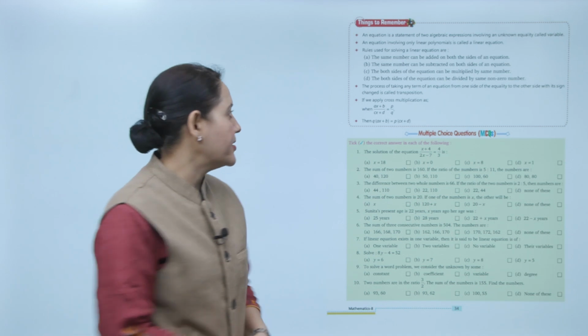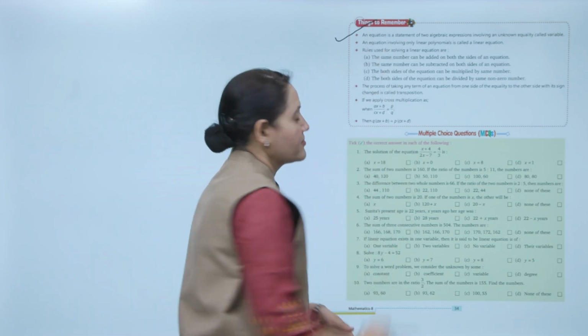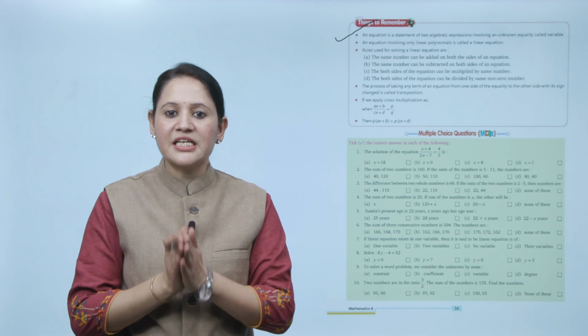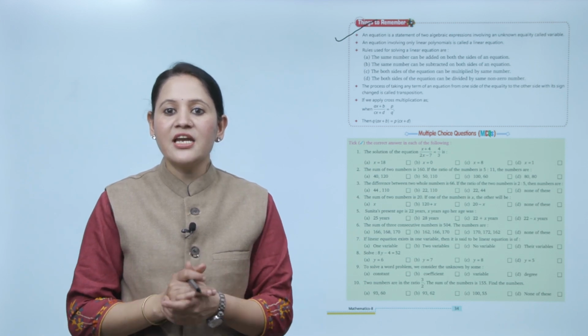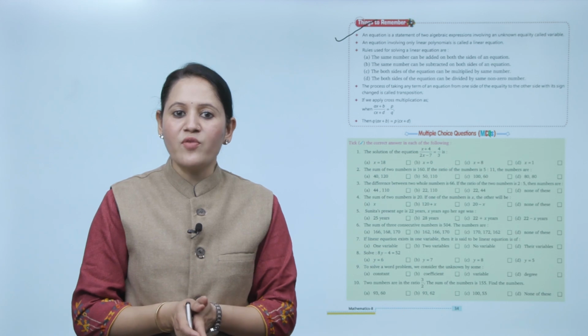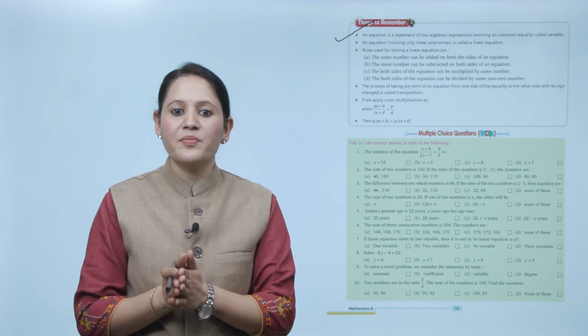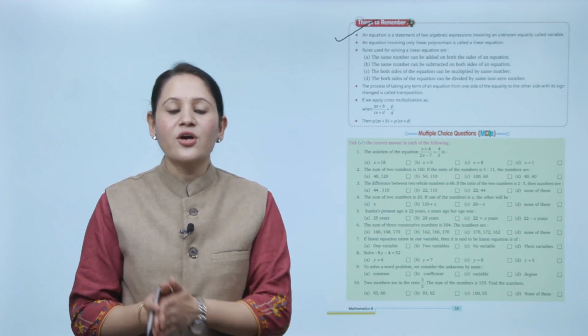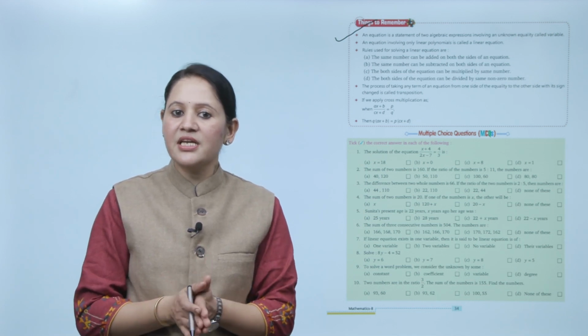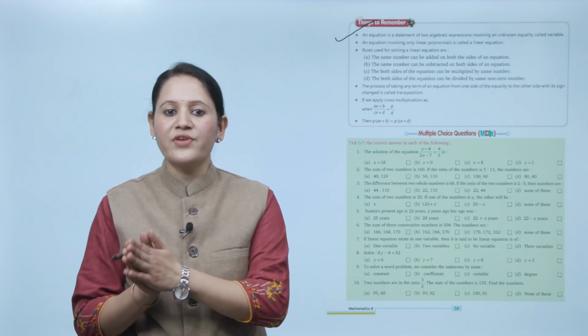Next, things to remember. An equation is a statement of equality of two algebraic expressions including an unknown quantity called a variable. An equation involving only linear polynomials is called a linear equation. Rules used for solving linear equations are: the same number can be added on both sides of an equation.